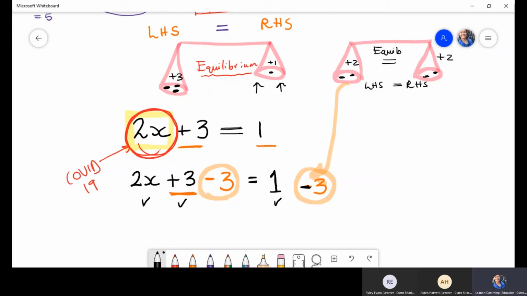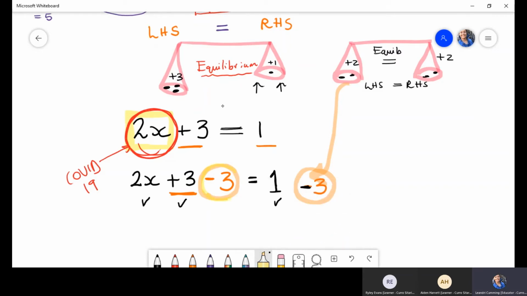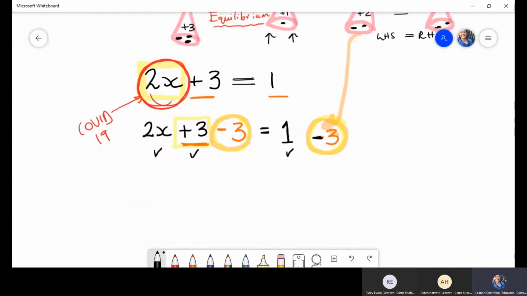What did I do now? I took away 3. Why 3? Because of the positive 3. And what I did on the left-hand side, I did on the right-hand side. Now, what does that give me? I keep my 2x, plus 3 minus 3 gives me 0.